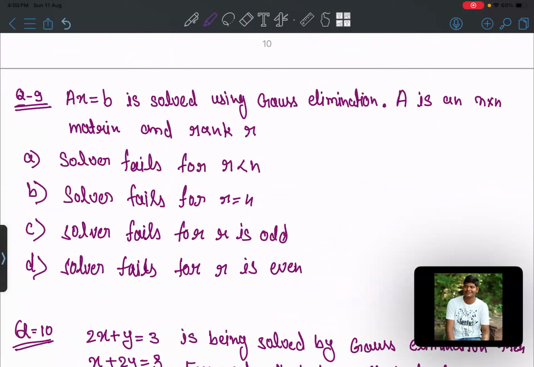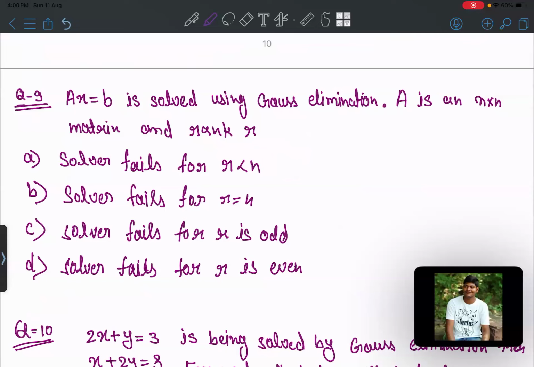Now, what is rank? Rank of a matrix means the number of independent rows or columns present in a matrix. Suppose we have n equations, and we represent them in a matrix format. If its rank is equal to n only, this means these n equations are independent of each other.